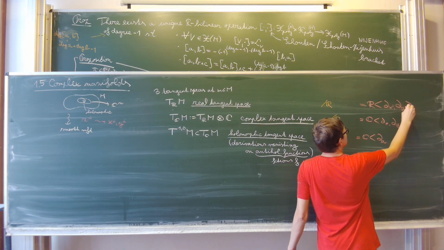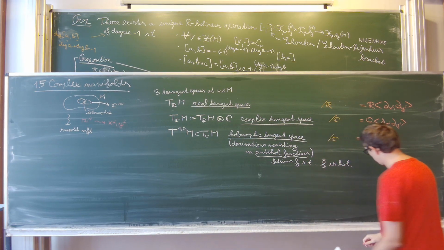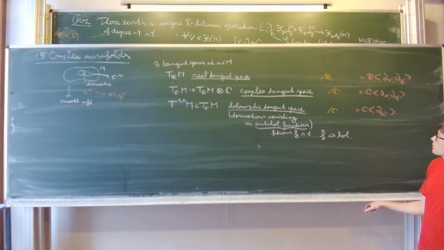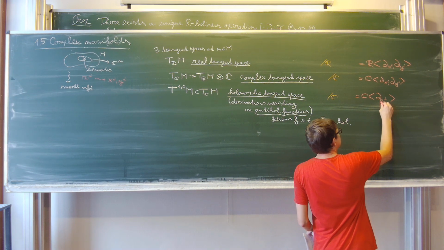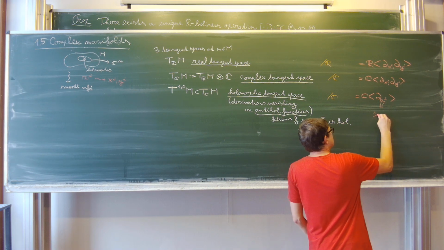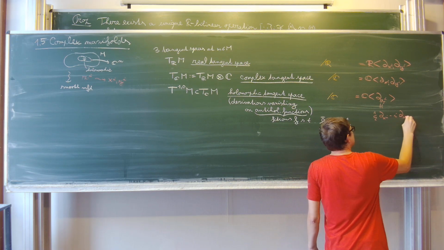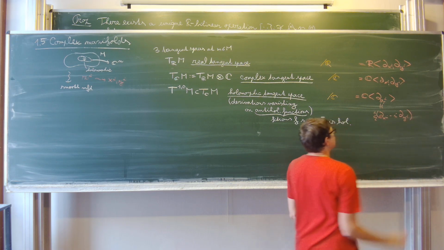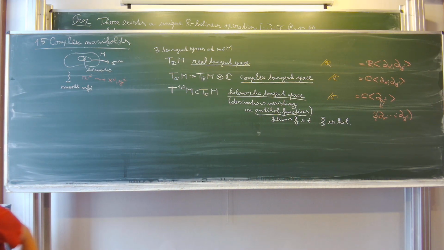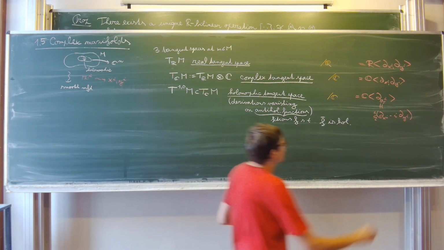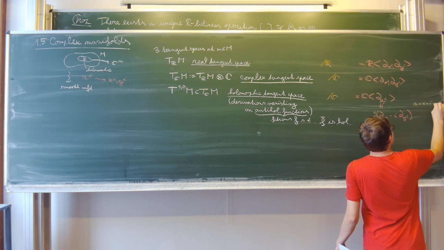There are i's everywhere. This thing I'm defining here to be 1/2 of partial x_i minus i partial y_i. I'm defining this because I'm using the fact that z is x plus iy.